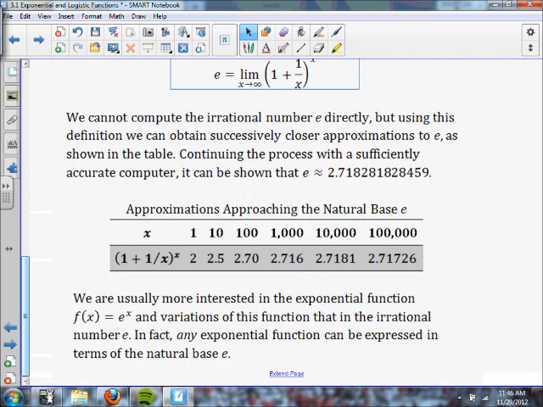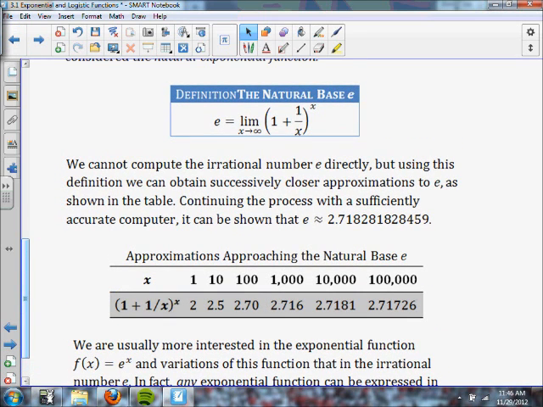Now, we can't compute the irrational number directly, but we can use this formula: the limit as x approaches infinity of 1 plus 1 over x to the x power. So if we figure out 1 plus 1 over x to the x power, then we'll be able to see what's going to happen here. This 7 here actually should be an 8 when we get to it. If you put 1 into here, you'll get 2 as an answer.